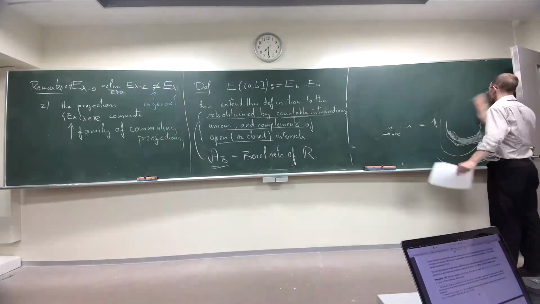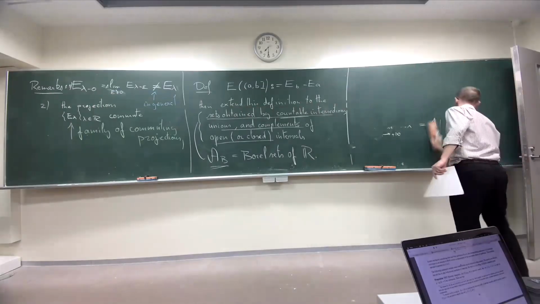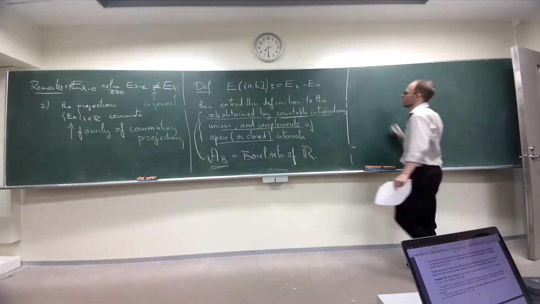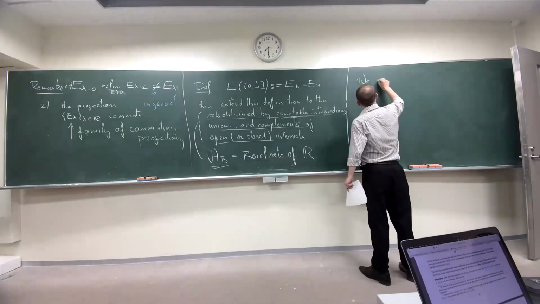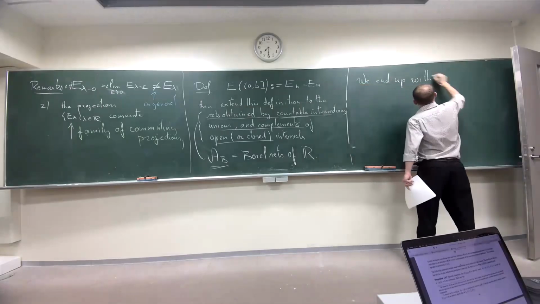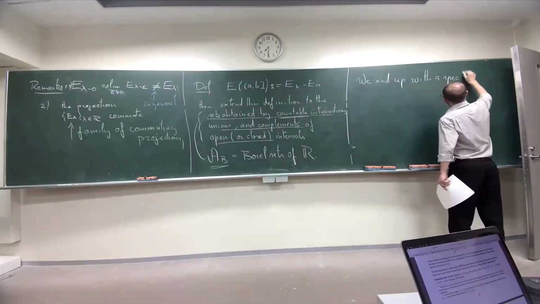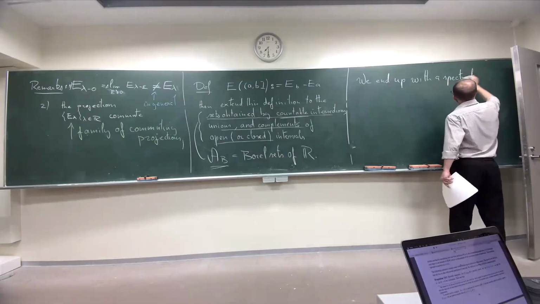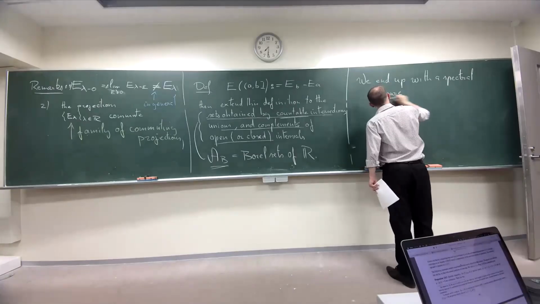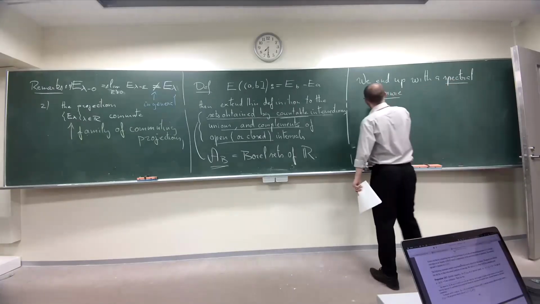So what we end up with is this. We have a spectral family, I explain, because it's easier. And we end up with a spectral measure. So what is a spectral measure? It is a map.